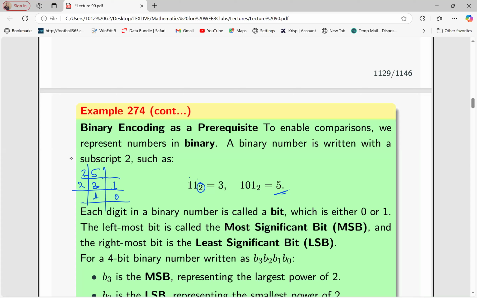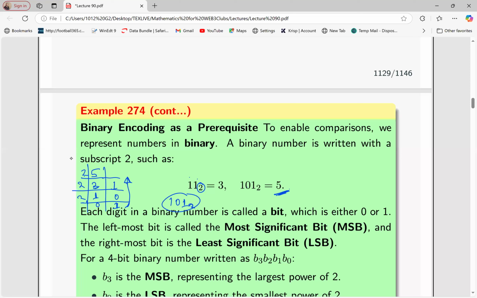Then 2 finally goes into 1 0 times, and the remainder is 1. Then you note these values from bottom going up. So this is the binary number, and we had the decimal number here.